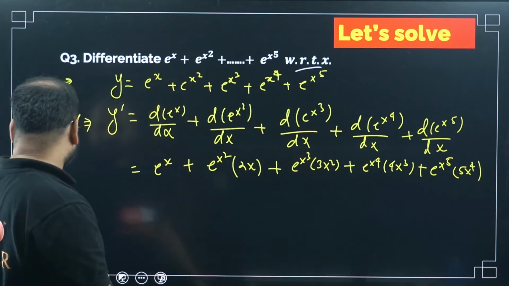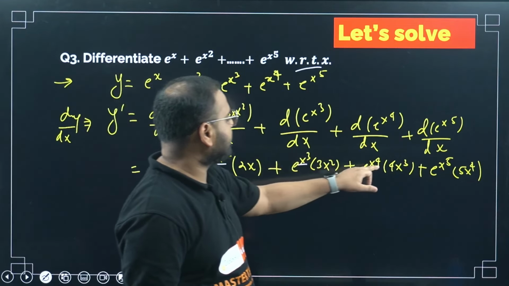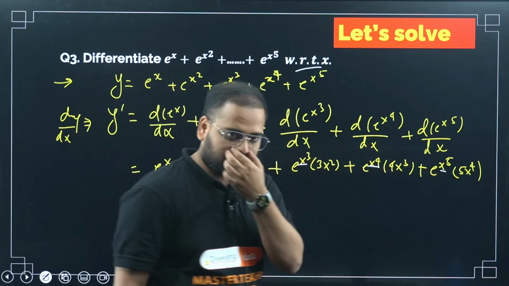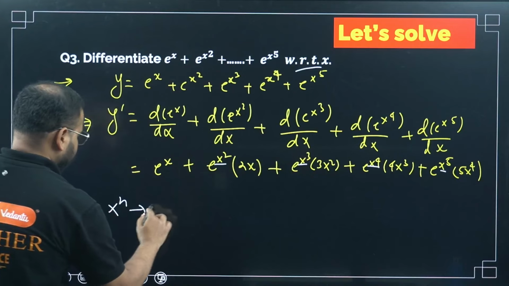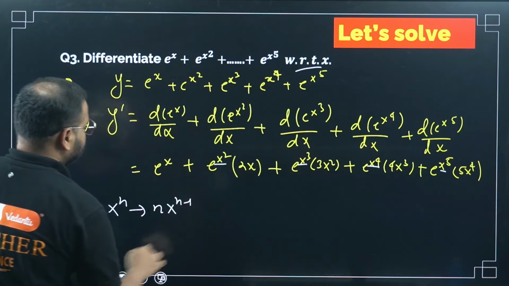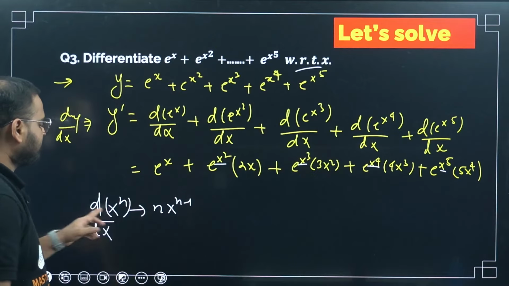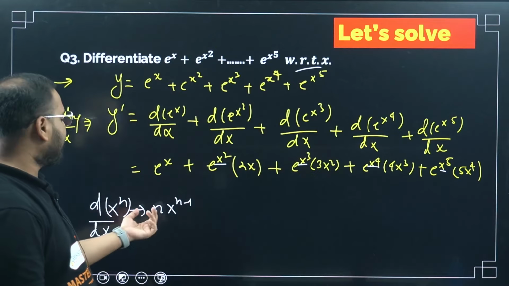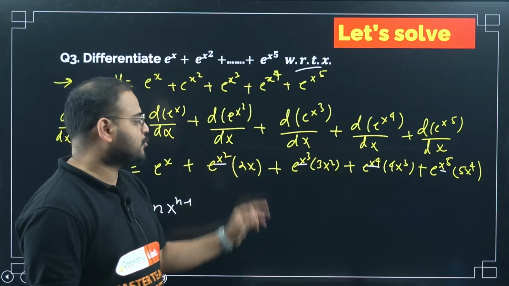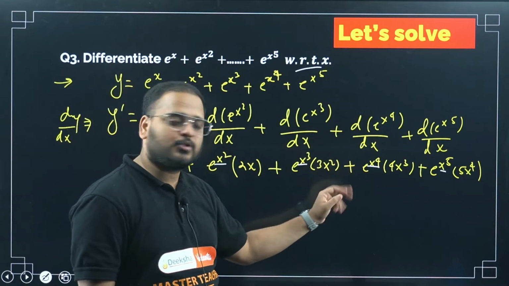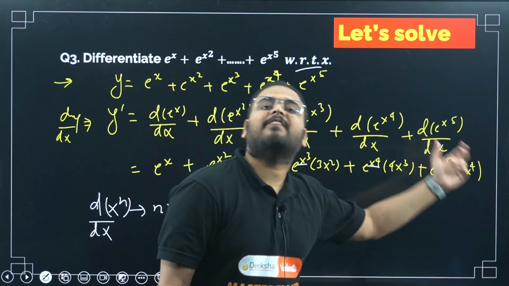For these parts I've applied this formula: differentiation of x power n is given by n x power n minus 1. So 2 into x power 2 minus 1 is 2x, 3 into x power 3 minus 1 is 3x square, 4 into x power 4 minus 1 is 4x cube, 5 into x power 5 minus 1 is 5x4.